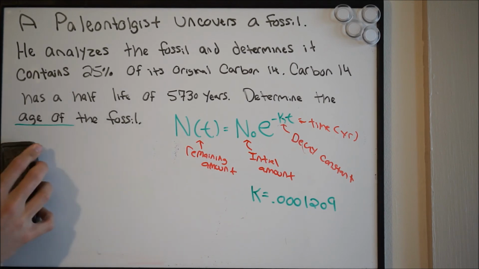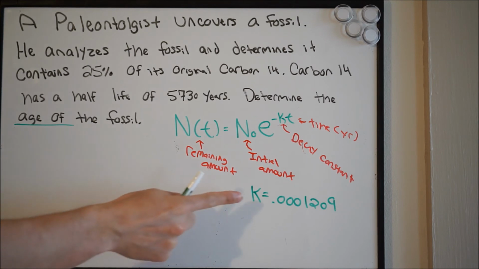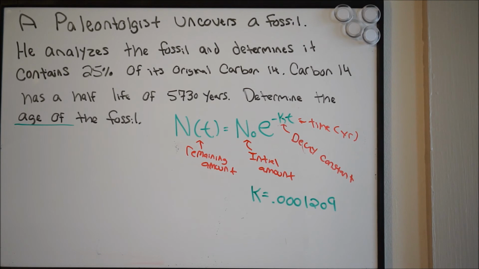We're going to repeat this process, but now we're going to solve for the time, okay? So now that we have the decay constant, let's go back. They want you to determine the age of the fossil. It says that he analyzes the fossil and determines it contains 25% of its original carbon-14.